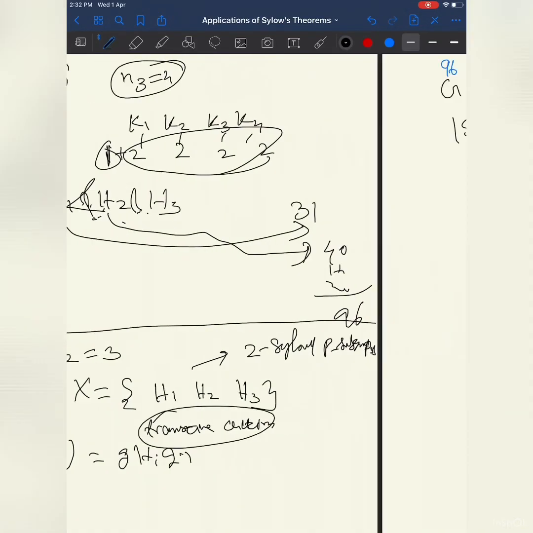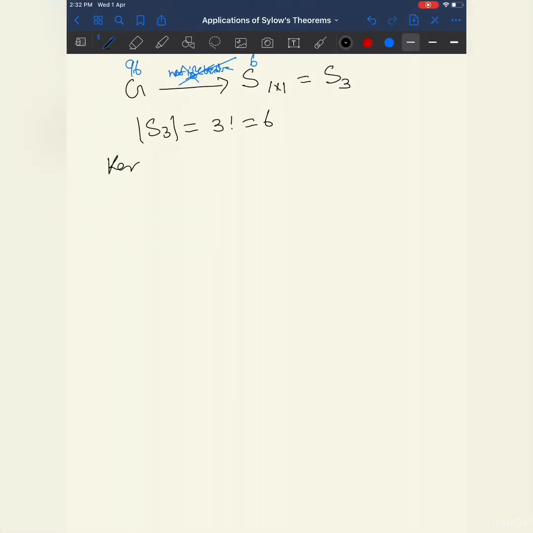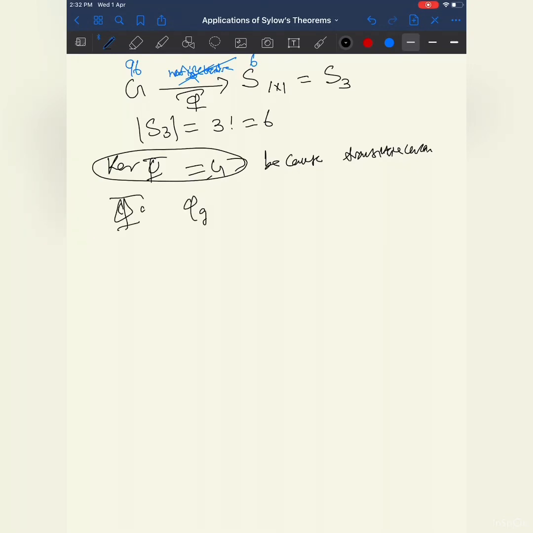And as I said, because of the transitive action, the kernel of phi cannot be the whole of G. If it were the whole of G, that means every phi_g, which maps x to g.x, would be the identity map.